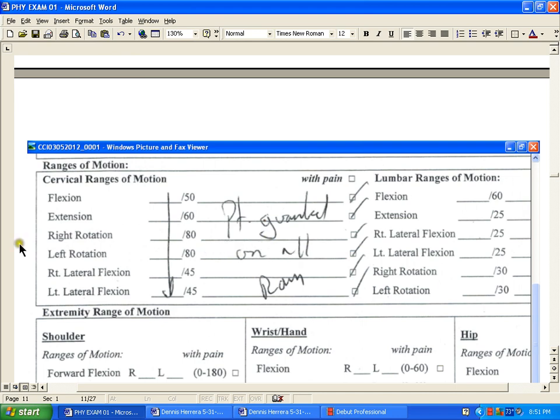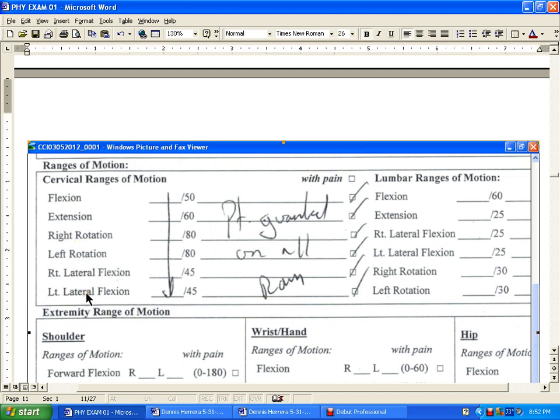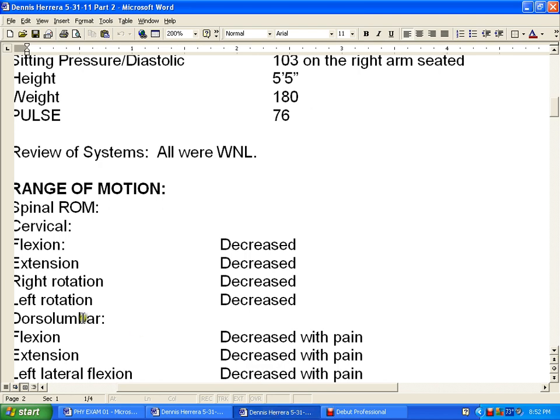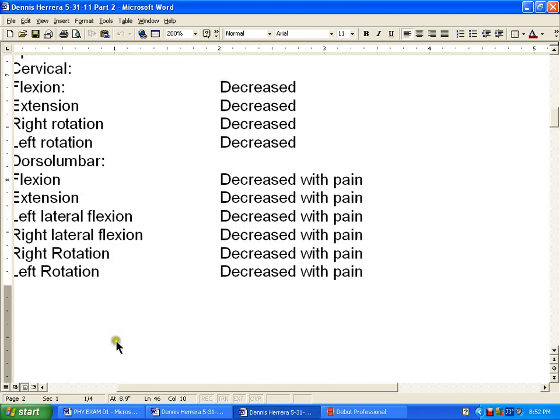That's it. That's what you would put, and you have to put it separate for each. For flexion, extension, right rotation, left rotation, right lateral flexion, and left lateral flexion. And in this case, there's no lumbar, so you would just delete that part of the template of the document you're working on. Like, for example, here they have it, but in that case, you wouldn't have it.